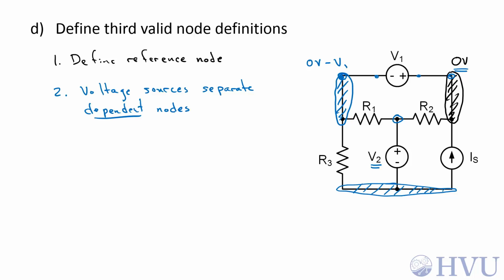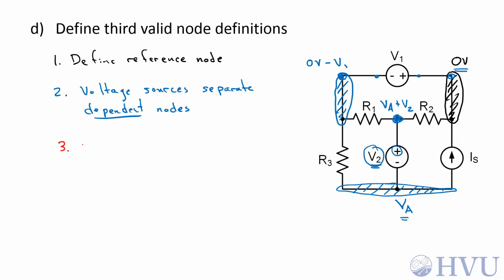Neither one of them has been assigned yet, so let's arbitrarily choose this as my independent node. I'll call that VA. Then this becomes a dependent node. This node is V2 volts above VA, since this is the positive terminal, which just makes this VA plus V2.